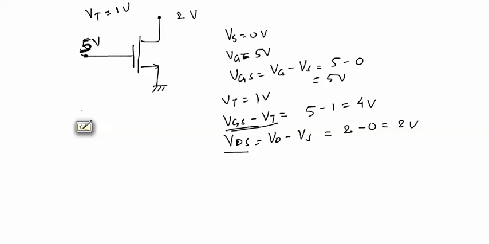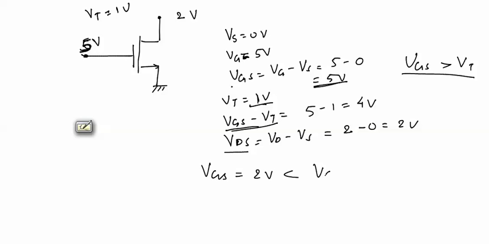So we have calculated Vds and Vgs minus Vt, and these two are sufficient. First we will check if Vgs is greater than or equal to Vt. VGS equal to 5 volt, VT equal to 1 volt. As VGS is greater than VT, it is operating either in linear or in saturation region. It cannot be in cutoff. VDS, which is equal to 2 volt, is less than VGS minus VT, which is equal to 4 volt.